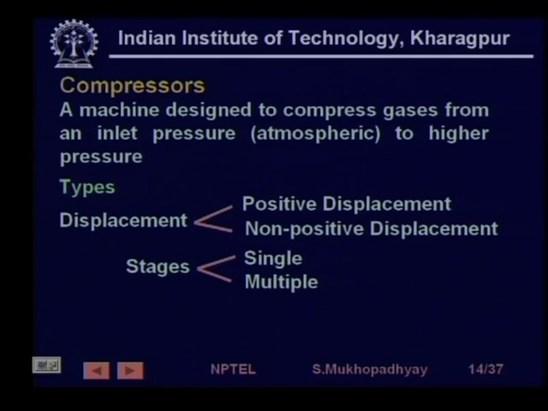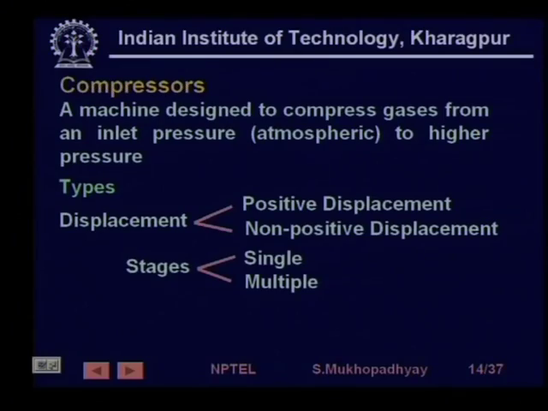The other kind is non-positive displacement, which is basically centrifugal type, essentially types of fans and blowers, which are typically used when you need large volumes of air, but not at such high pressure. So, typically for high pressures positive displacement type compressors are used.